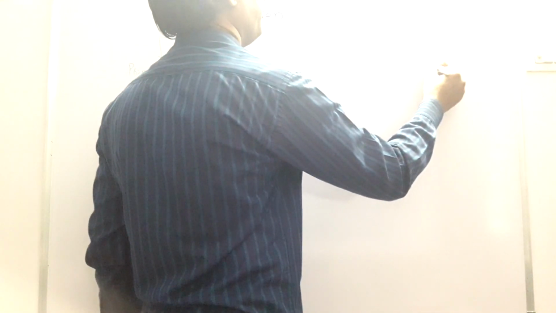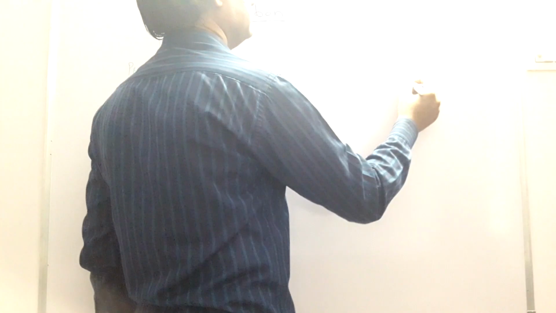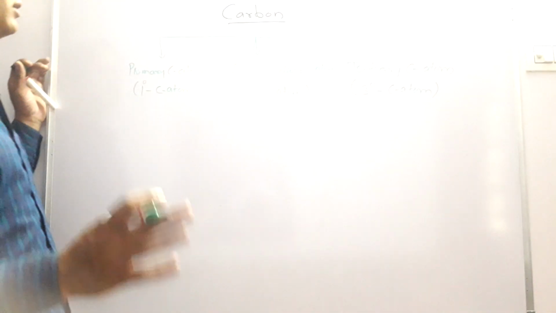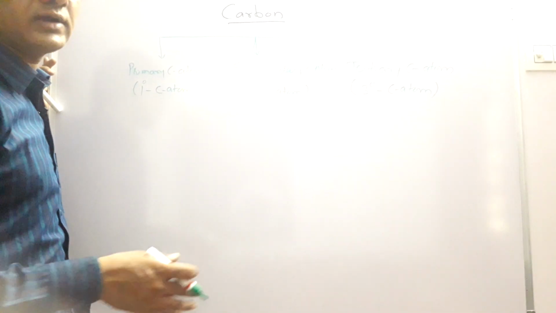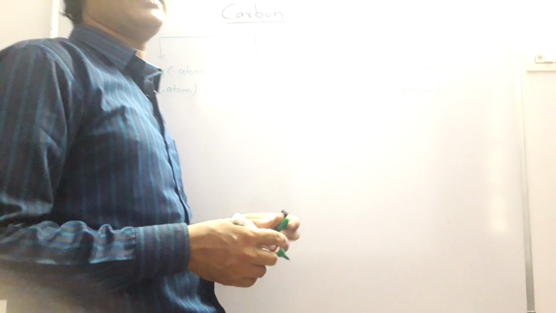And the third carbon atom is called tertiary carbon atom, or it is denoted as 3 degree carbon atom. Now what is the meaning of this primary, secondary and tertiary carbon atom? We will discuss this one by one.